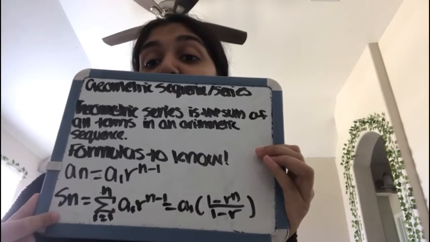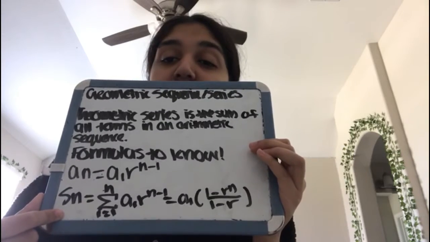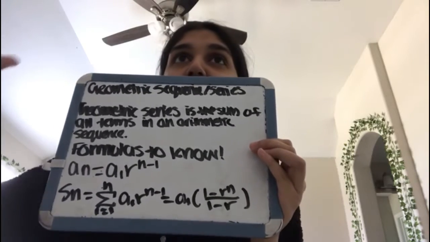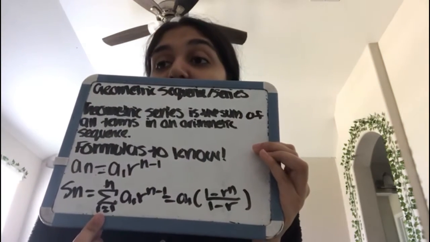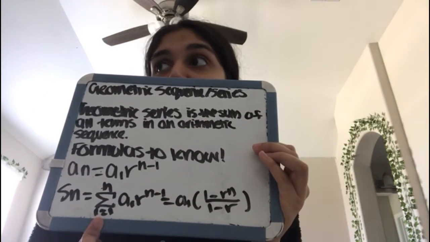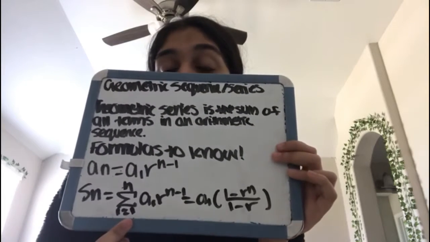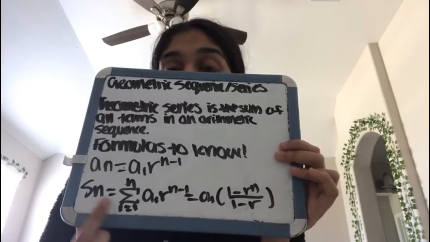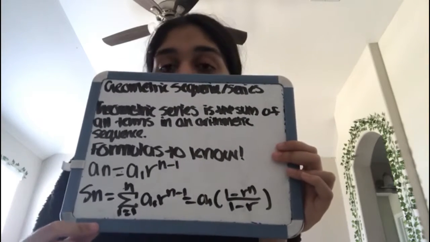The other formula is kind of complex. You need a question that involves summation notation. I haven't really seen questions that don't involve summation notation, most of the time it's summation notation.